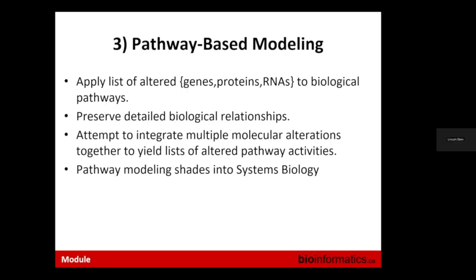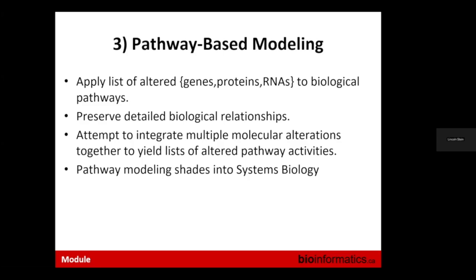We're going to talk about modeling now. In this case, you're applying a list of altered genes, proteins, and RNAs to biological pathways, but instead of looking at the network base as a uniform network, you're actually taking into account the fact that genes and proteins and RNAs are different.